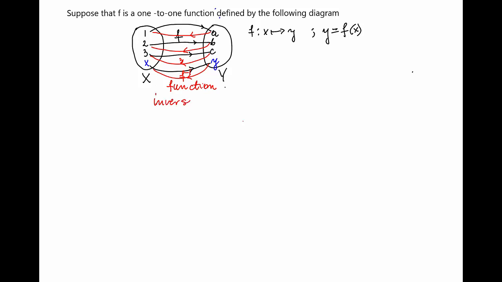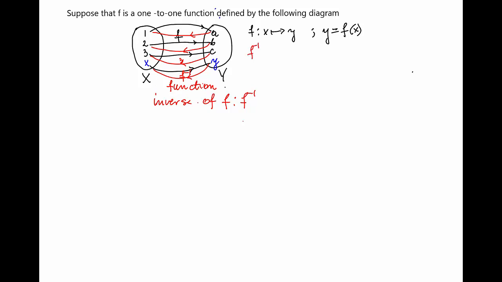So this is the inverse of f, and the notation is, as said, f with the superscript negative 1, and it's called f inverse.